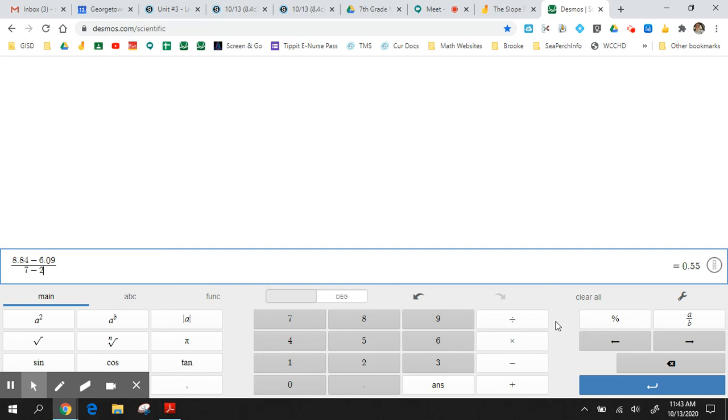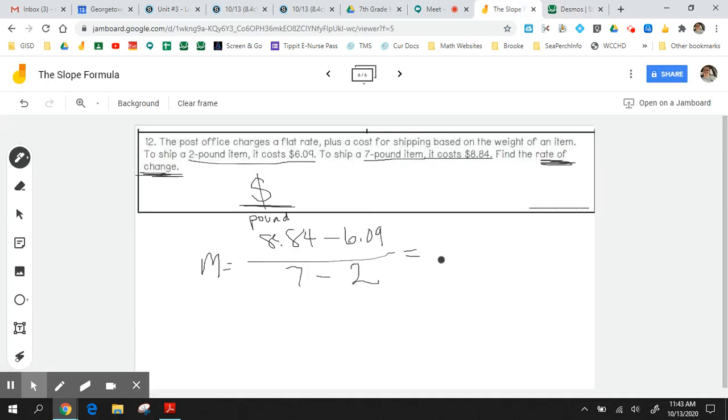And it gives me 55 cents as our answer. All right, 55 cents for 1 pound. Because remember, it had that flat rate, okay? So that flat rate's always going to be in there.